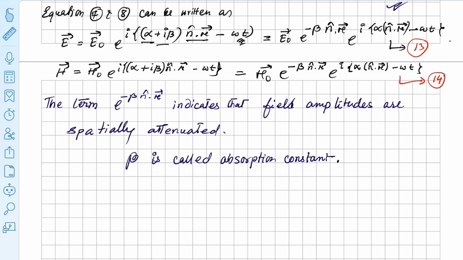Hope you have understood this. In the next video we're going to discuss skin depth.